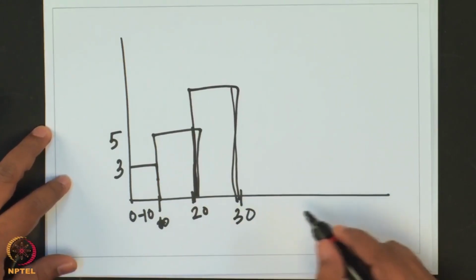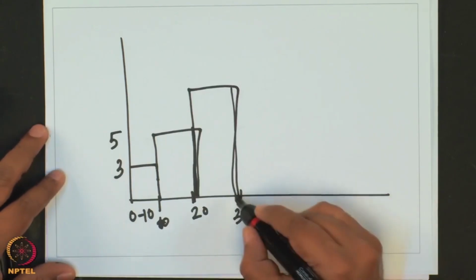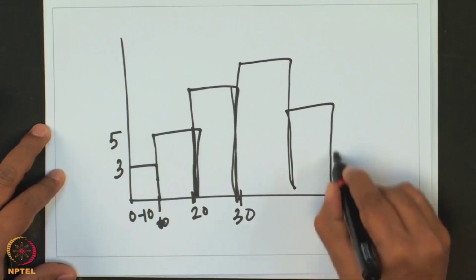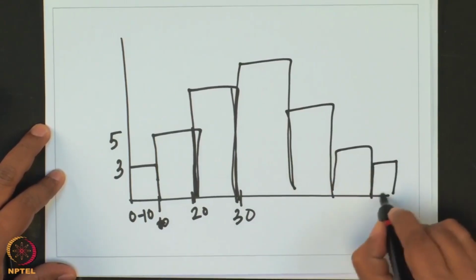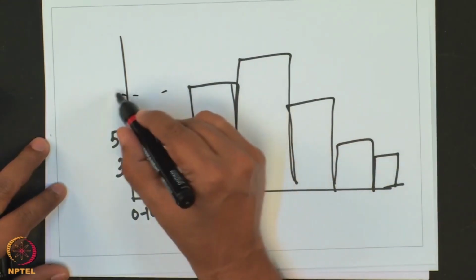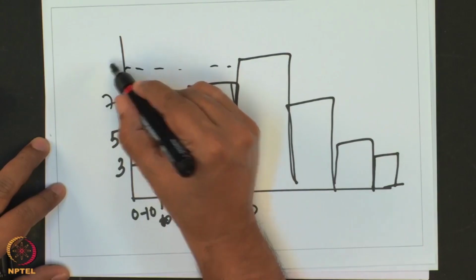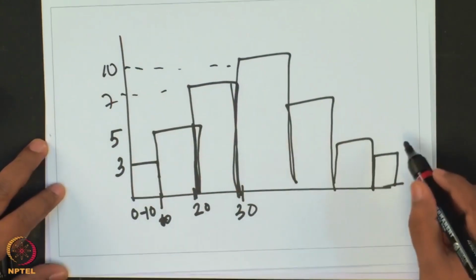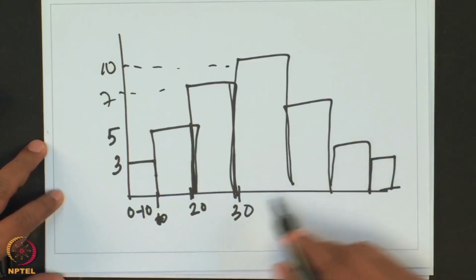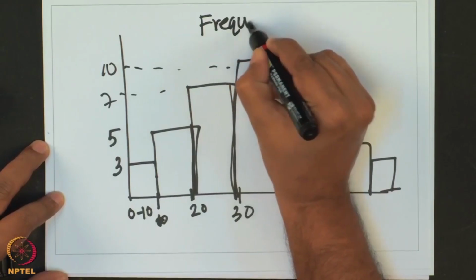In the 20 to 30 range, the numbers were 7 times. And so on and so forth. You could ask 40 to 50, 50 to 60, and you would get a distribution like this. This is called a frequency distribution.